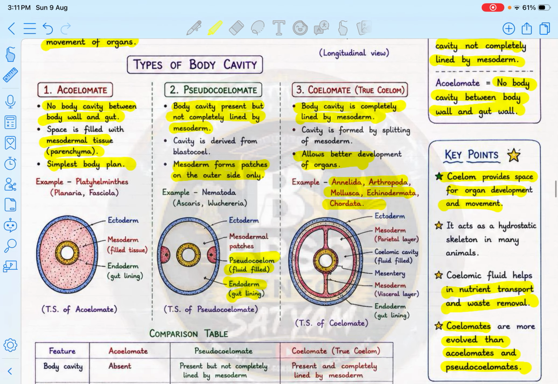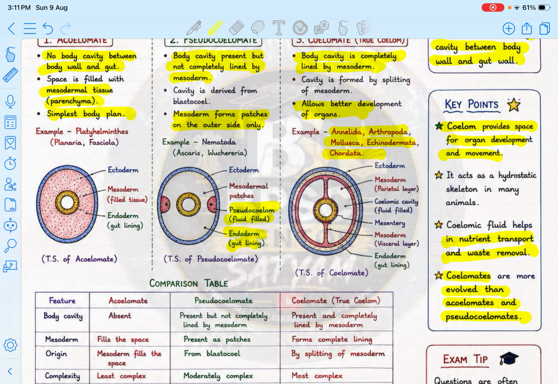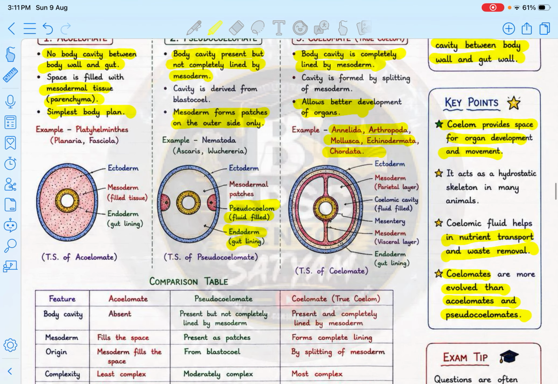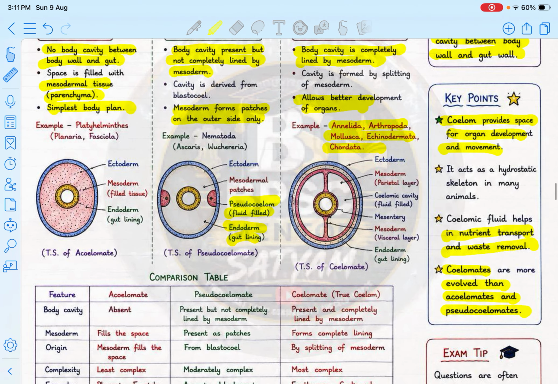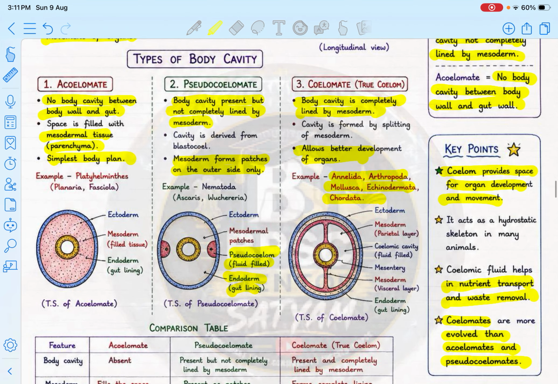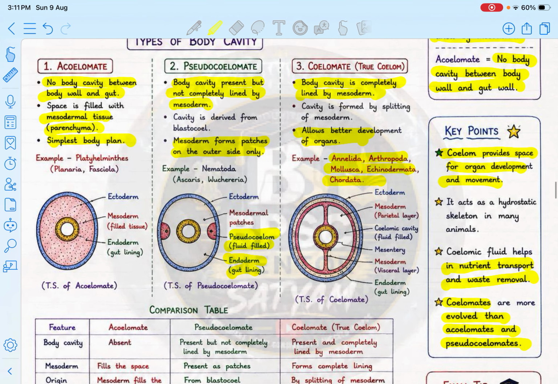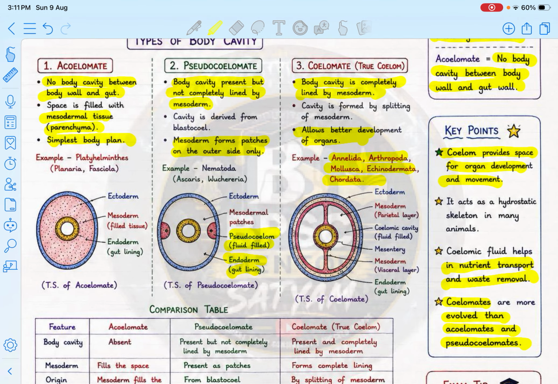Now see, these are direct questions for the BPSC, because here BPSC mentioned that pseudocoelomates are more evolved than acoelomates and coelomates. Okay, so it might confuse you.